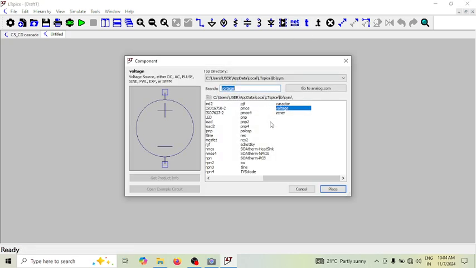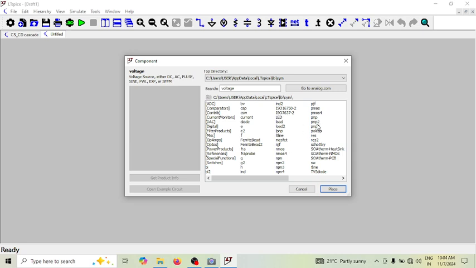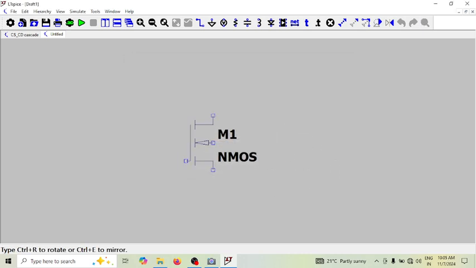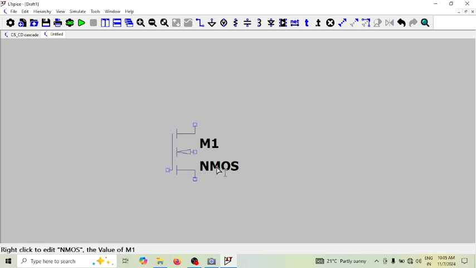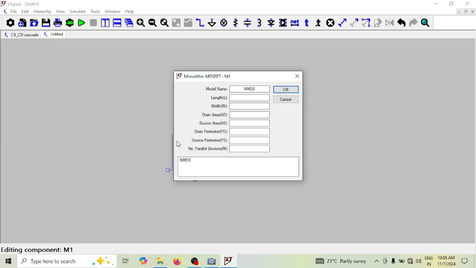Let us take an NMOS transistor, NMOS 4, it's here. And then let me adjust the dimensions of this, because W by L is 50.